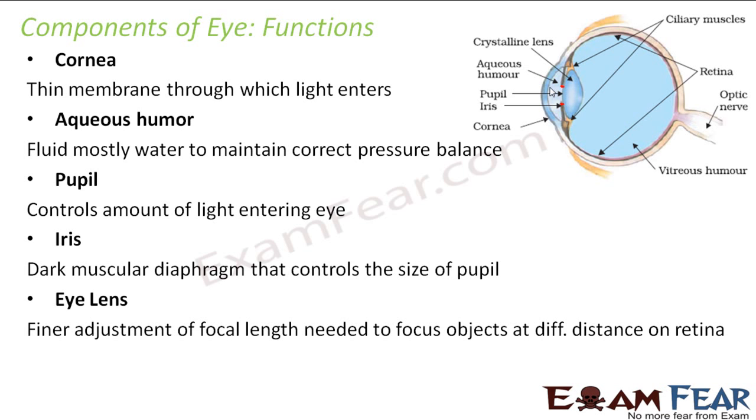The other factor is the focal length. So if you want the image distance to be constant with the change in object distance, you have to change the focal length of the eye lens, right? So the purpose of the eye lens is to form images on the retina. A real and inverted image is formed on the retina.